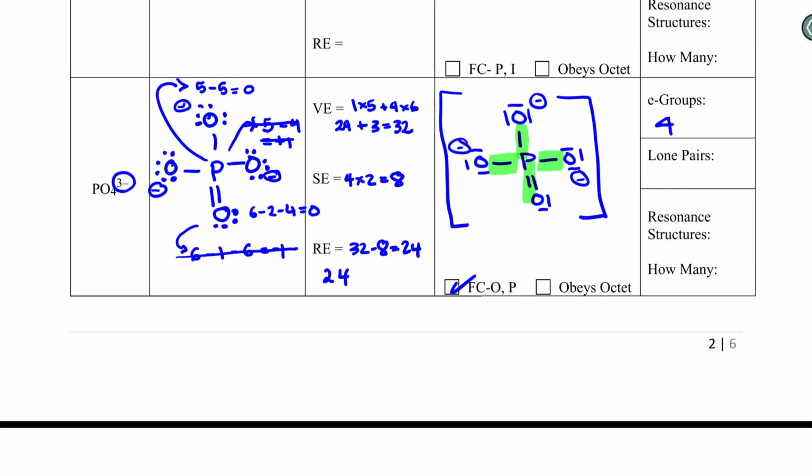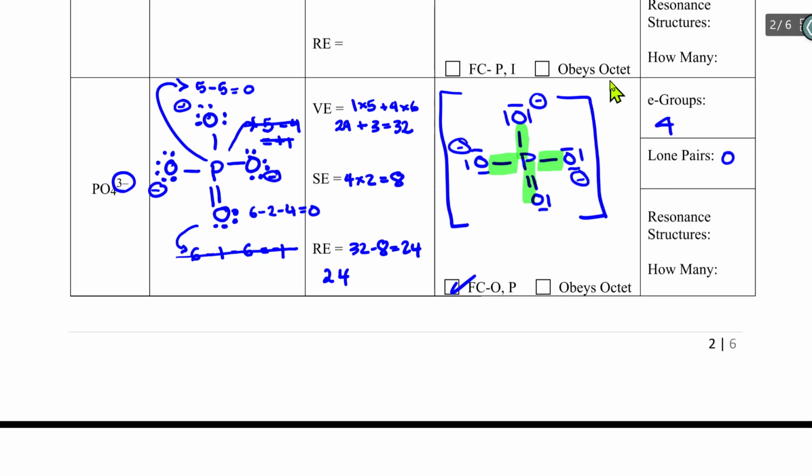So there are 4 electron groups, and then there are no lone pairs. And I know that seems strange at first, because you can see all these lone pairs on the outsides, right? But we're only asking really about lone pairs on the central atom, and so there's 0 lone pairs.